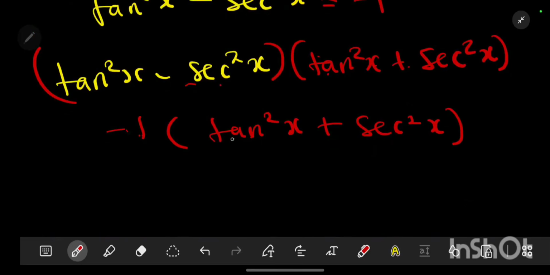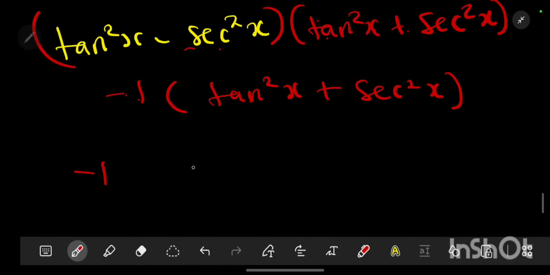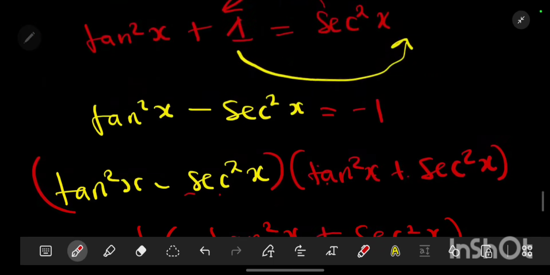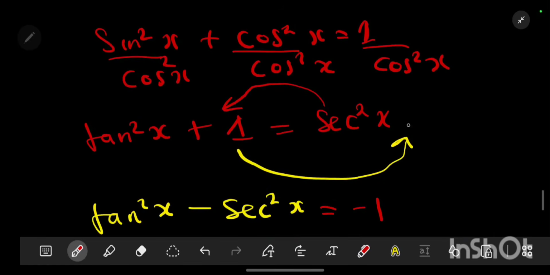So let's first multiply throughout, or we can deal with what is inside. We need to produce sec, so tan has to go. Remember, tan squared theta, in terms of sec, when you take the -1 to this side, becomes sec squared x minus 1.